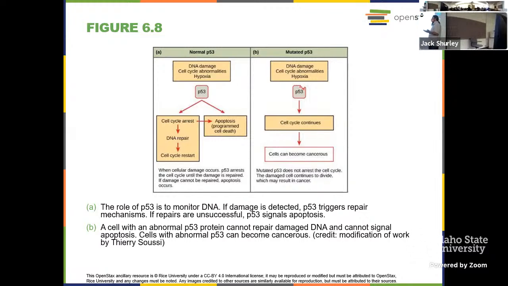And we also can talk about cell growth and these tumors as benign or malignant. Benign tumors are non-cancerous. This is still excessive or abnormal cell division, but those cells don't cause issues.